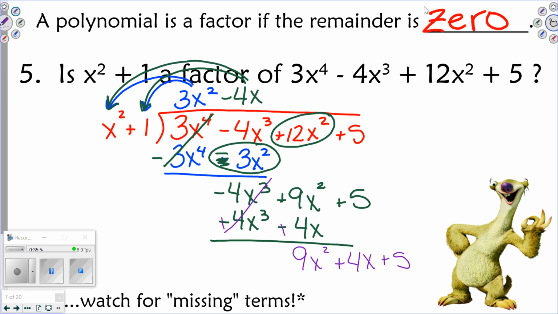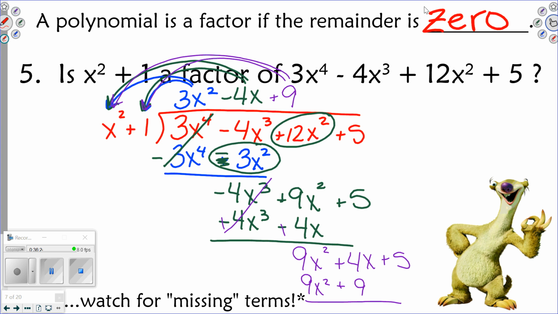All right, and then we start again. What do you multiply x squared by to get 9x squared? 9? Where are you confused? What are we doing? Got that? All right, and then 9 times x squared is 9x squared. 9 times 1 is 9.